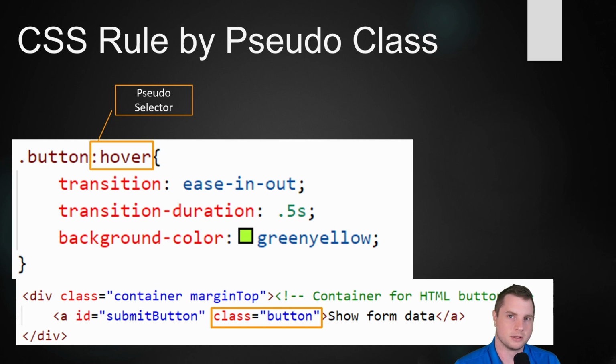You have to get used to thinking of things as states in web, because most of the things you're going to want to do from a functionality standpoint, particularly when you get into JavaScript, are going to be state dependent. This is a state of hover. When I'm hovering over this button, change the background color to green yellow. Hopefully that made sense.